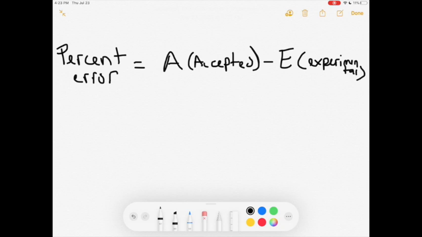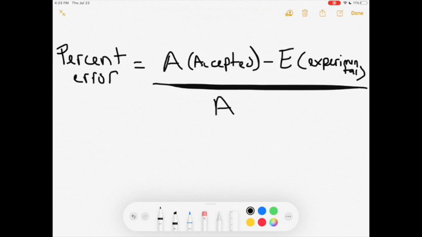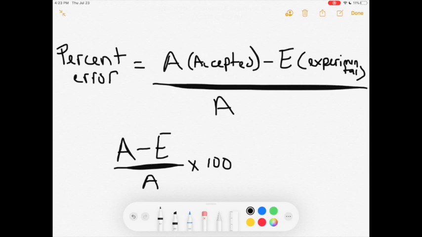Experimental. Okay, and then divide by A, so same thing, it's the accepted, and we're going to multiply all that by 100. I totally ran out of room, so I'm going to rewrite it down here. A minus E, accepted minus experimental, divided by A, times 100.